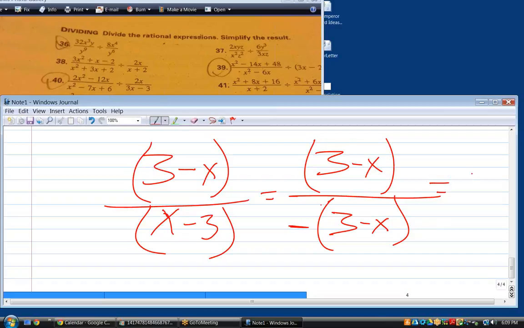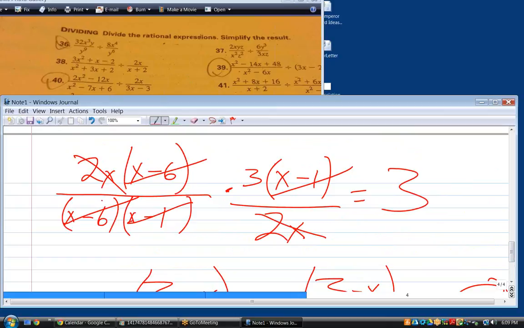So whenever you have this situation, you can cancel it out. Every problem we're doing here, we need identicals to cancel out, right? Yeah. In other words, we've canceled out x minus 6 with x minus 6, 2x with 2x, x minus 1 with x minus 1.